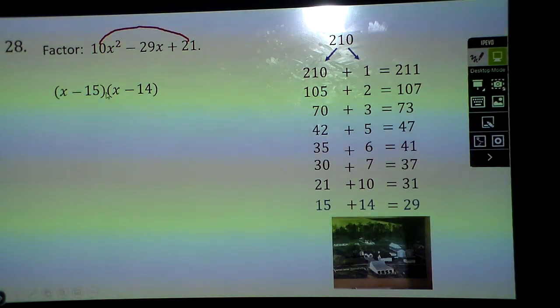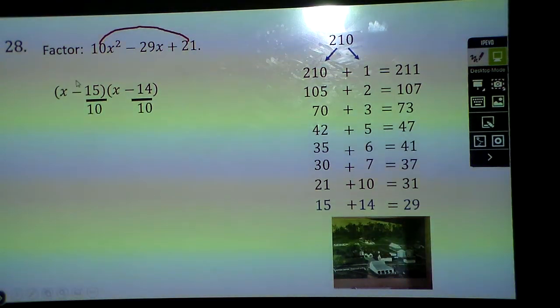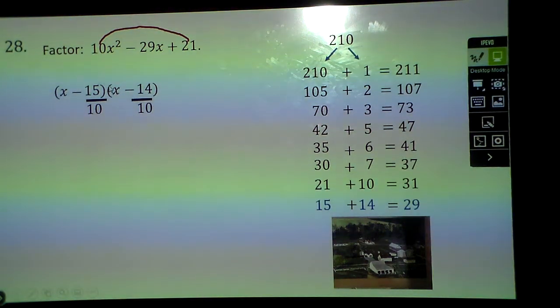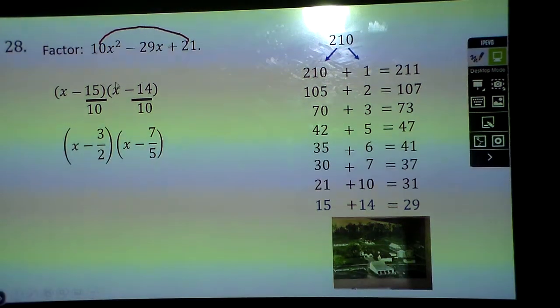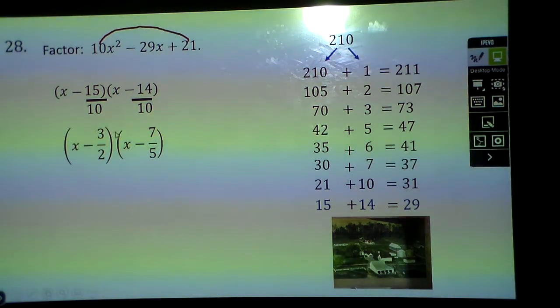Now, obviously 15 times 14 is not 21, so what I need to do is divide them by the 10 that I multiplied by. Each of these will reduce, so 15 over 10 reduces to 3 halves, and 14 over 7 reduces to 7 fifths.